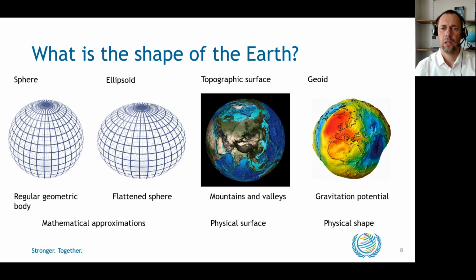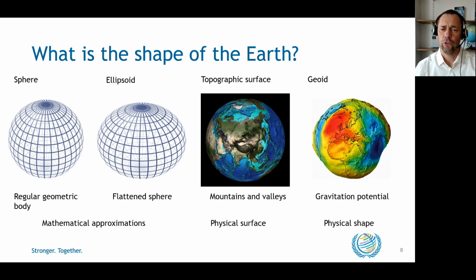We have the mathematical approximations, like the sphere, which is a regular geometric body neglecting any irregularities and even the flattening on the poles, quite often used by analysis in geoscience as it considerably simplifies the calculations. And then we have an ellipsoid, also geometric approximation, but considering the flattening of the Earth at the poles.